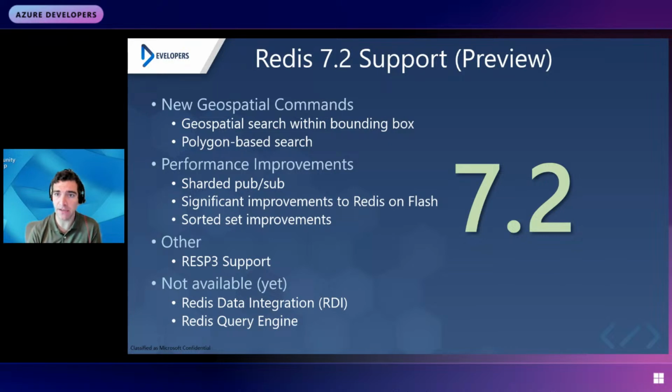And so some of the big things here are new geospatial commands, where you can actually search within a defined bounding box, like a polygonal bounding box. So, if you have geo information tagged to your keys and you want to say, okay, I want to find all the keys that are within this specific area of Seattle, you can do that.